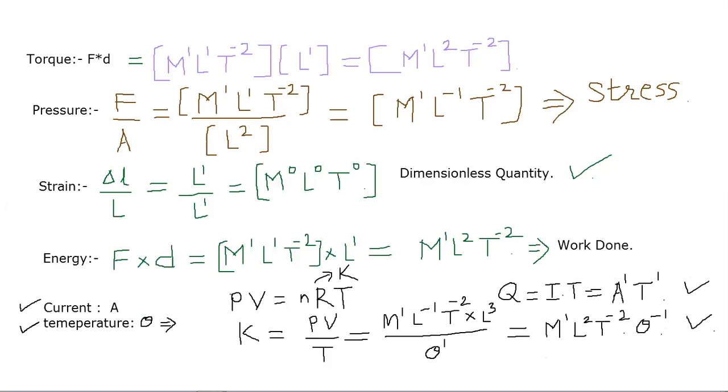This type of other dimensions are also present. Now there is one more formula for your gravitational constant, that is the universal gravitational constant, not our acceleration due to gravity. F is equal to capital G m1 m2 divided by d square, right?